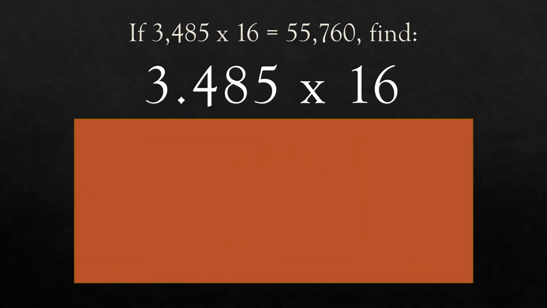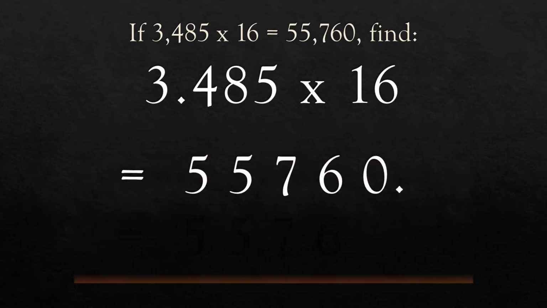Let us take one more example. If 3485 multiplied by 16 is equal to 55,760, find the product of question number C, 3.485 multiplied by 16. In this question also, if we ignore the decimal point, the product remains the same, that is 55,760.